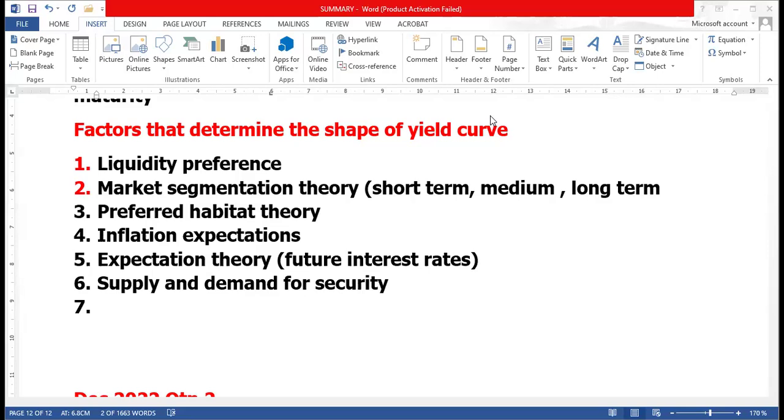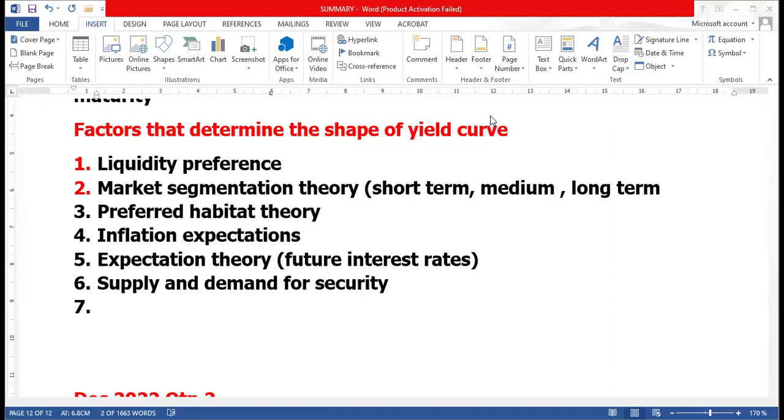Some investors prefer a certain investment period, but they are willing to move. These investors have a preferred investment time horizon, and they are willing to move to other maturities if given extra return, if given extra premium.